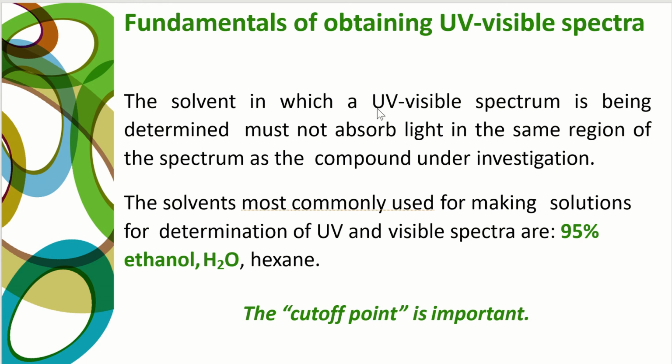The solvent in which a UV-VIS spectrum is being determined must not absorb light in the same region of the spectrum as the compound under investigation. That should make sense, because if you're trying to figure out a particular lambda max for a sample and your solvent absorbs in the same region, then you won't be able to distinguish between the two. The solvents most commonly used for making solutions for determination of UV-VIS spectra are 95% ethanol, water, and hexane.